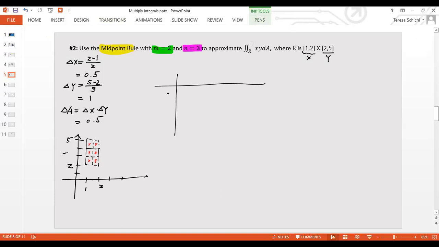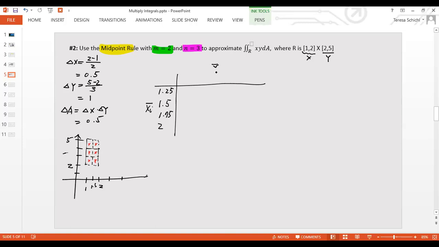So you can say this is xi. So the first one here is 1.25, then this is 1.5, then this is 1.75, and this is 2. Those are the x values here.